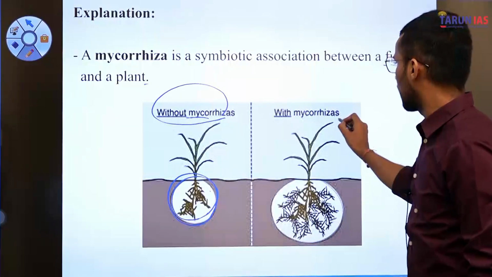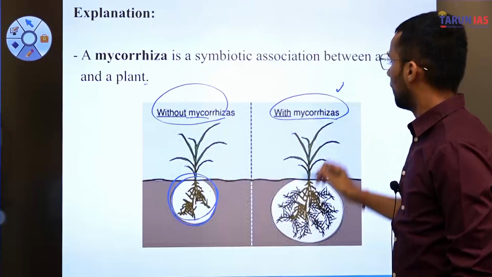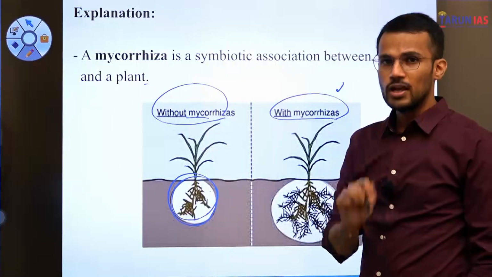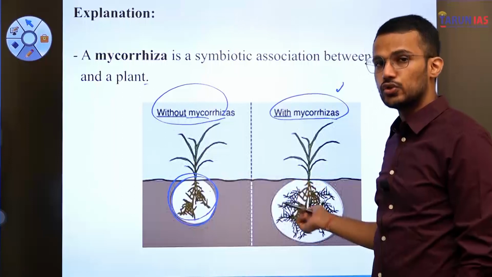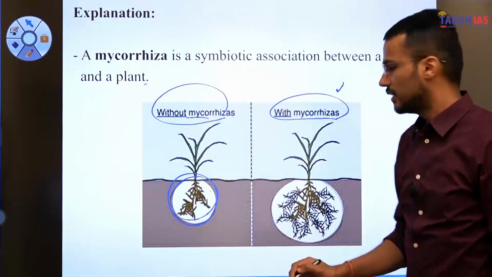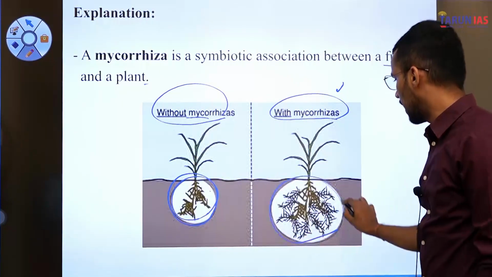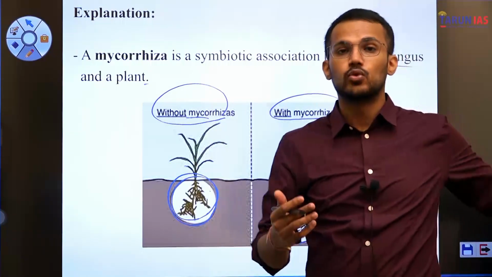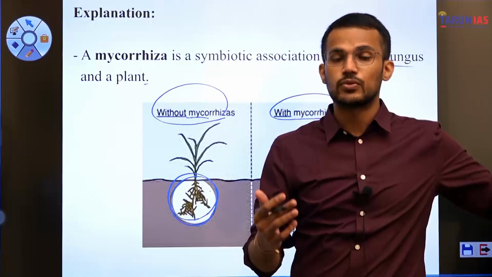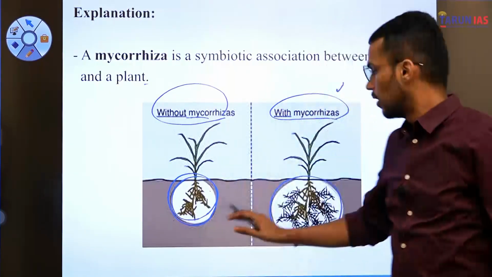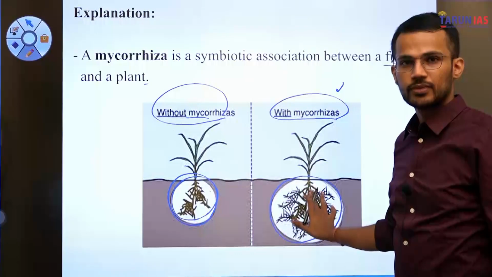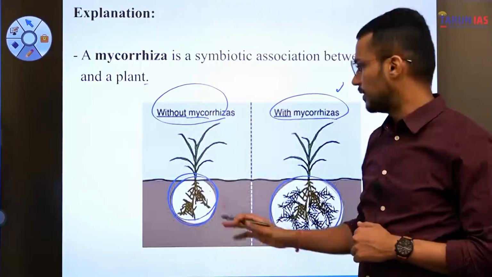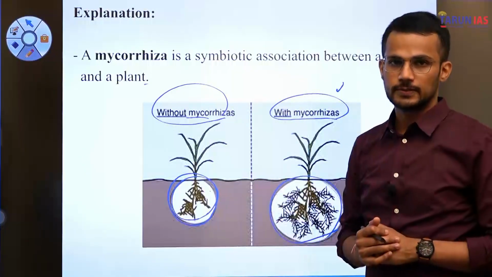But the second diagram shows mycorrhizal association with this plant. Now, as this plant is in association with this fungus, the absorptive area has increased, and that's why plants will be able to fetch nutrients as well as water from a wider area, and that's why it is considered a symbiotic association between plants and fungus.